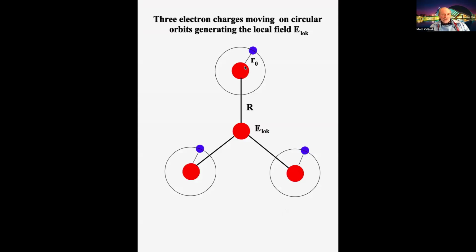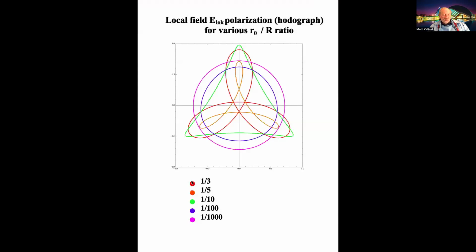Now, okay, you can also look at the problem with higher resolution at three atoms, classical atoms with electrons moving on circles, and you can ask what is the field seen by the central atom in the vertex of this lattice, and you will find out that the smaller the ratio between the radius of the orbital motion and the lattice constant, the better the field resembles the circular polarization.